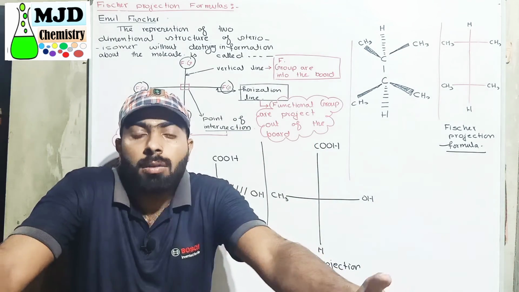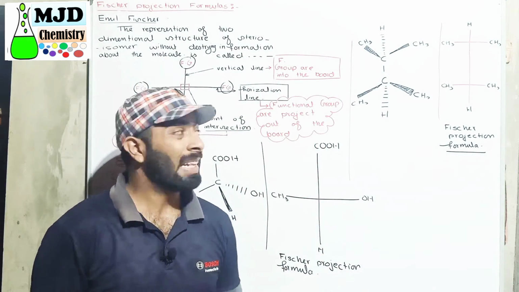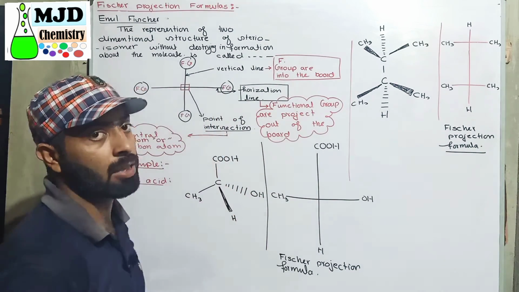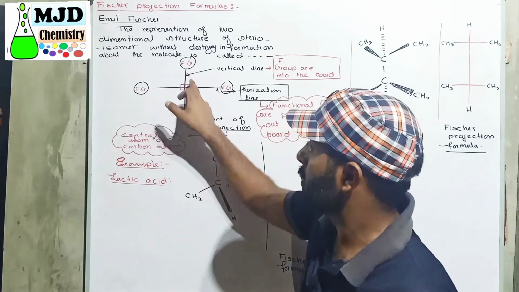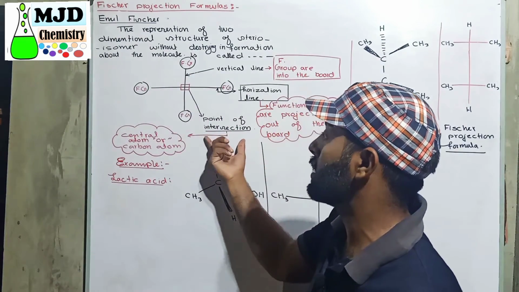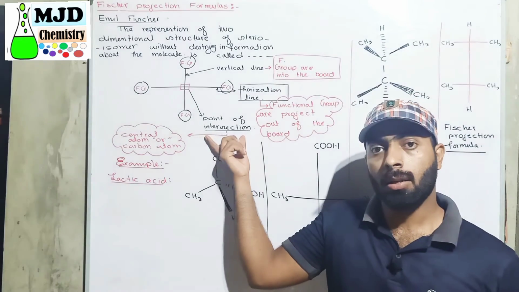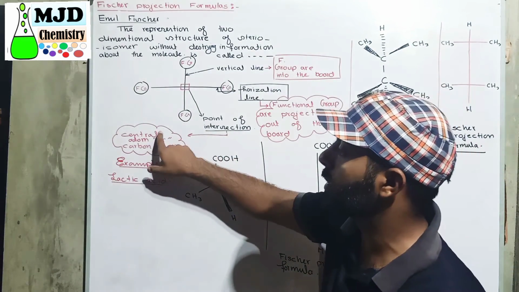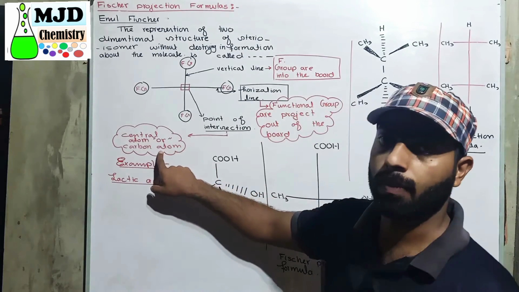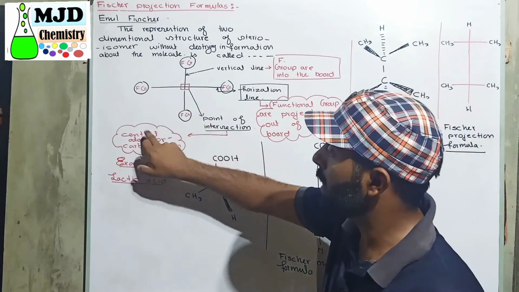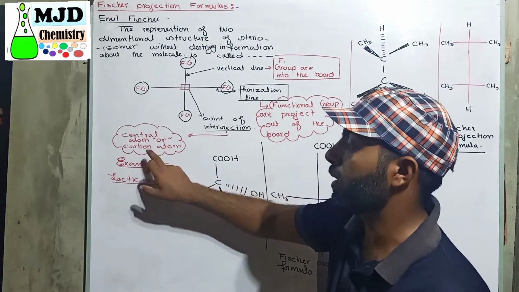They move toward you. The point where the horizontal and vertical lines meet is known as the point of intersection. This point of intersection represents the central atom or carbon atom.